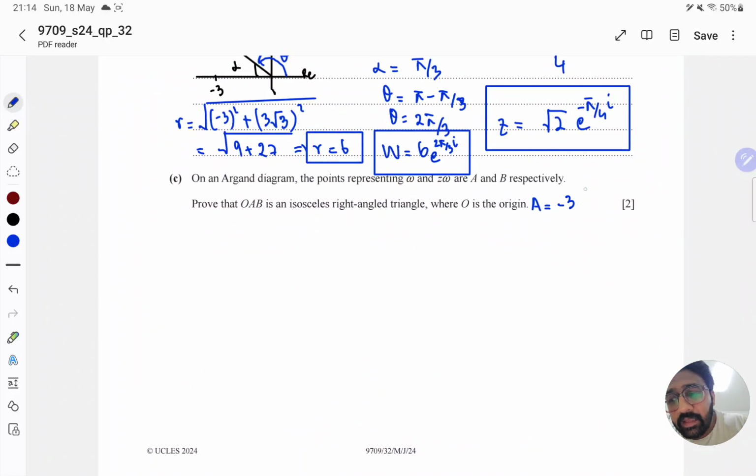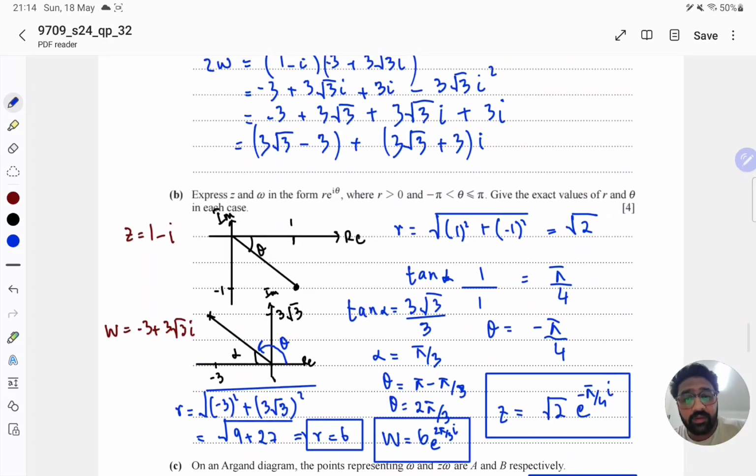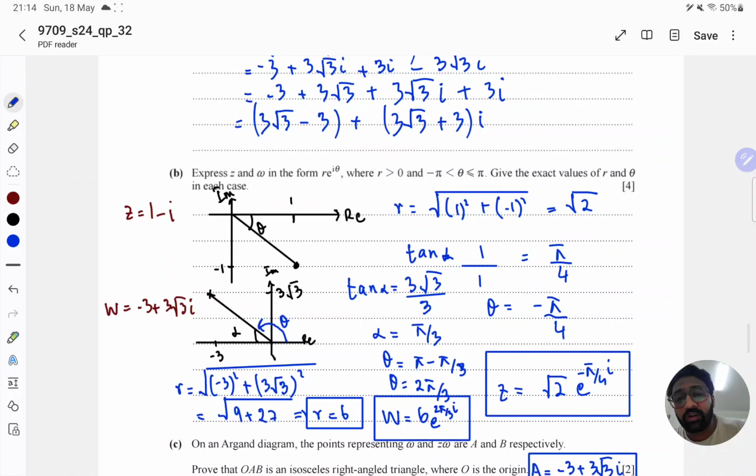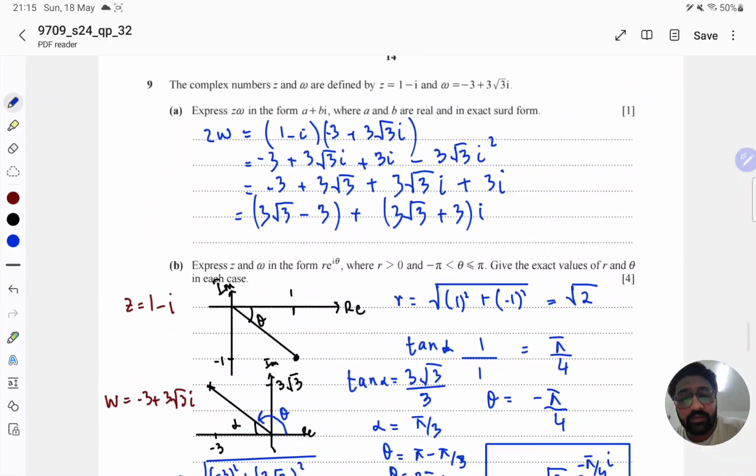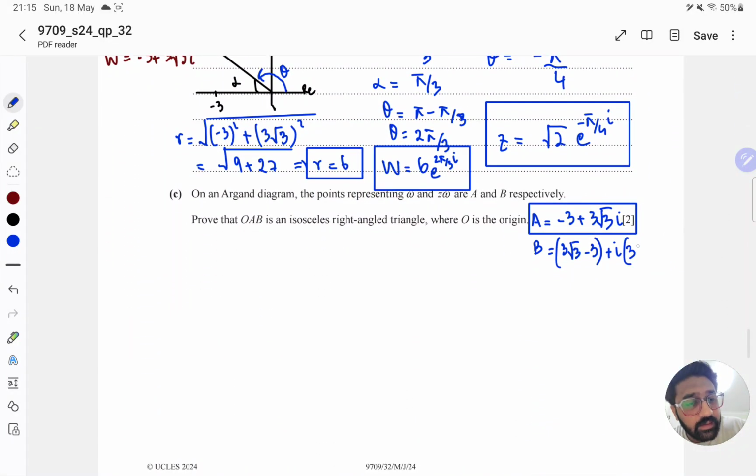So minus 3 plus 3 square root of 3 i, this is A. And similarly for B, it is z times w, which is 3 square root of 3 minus 3 plus i times 3 square root of 3 plus 3. This is A and B.